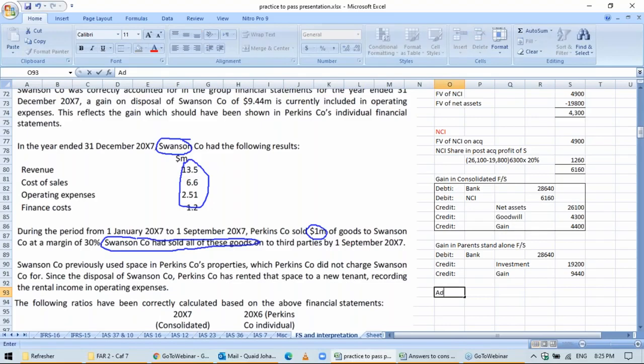So I'm making adjusted financial statements, adjusted profit and loss, Perkins only. So we'll be having first sales in it. After sales, we'll be having cost of sales. Then we'll be having gross profit.